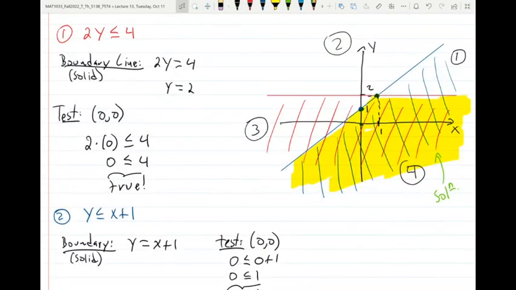We typically pick 0, 0 because our lines are not going through 0, 0. If the line happens to go through 0, 0, you have to pick another point. Whatever you want, other than 0, 0, like 0, 1 or 1, 0, as long as it's not on the line. Okay?